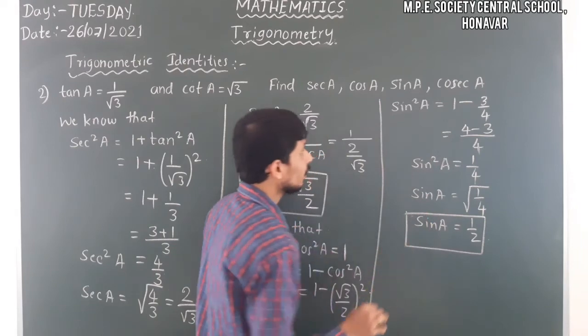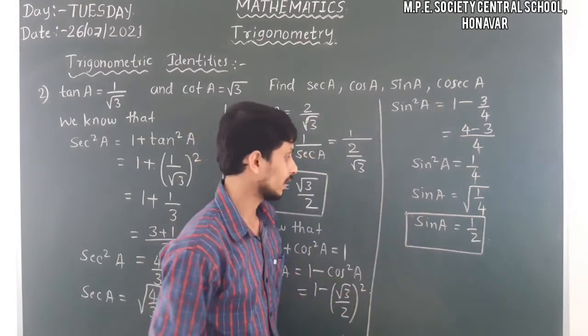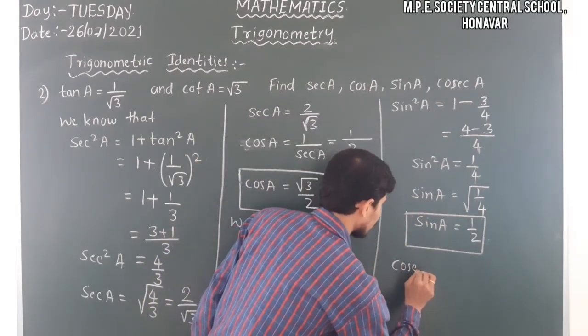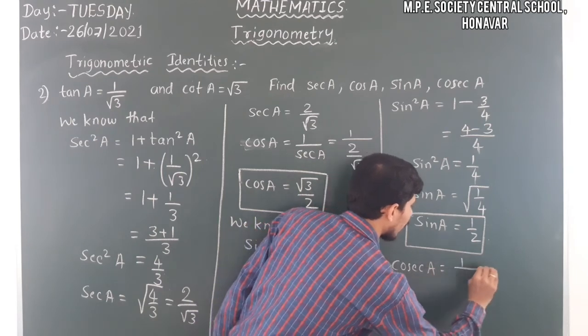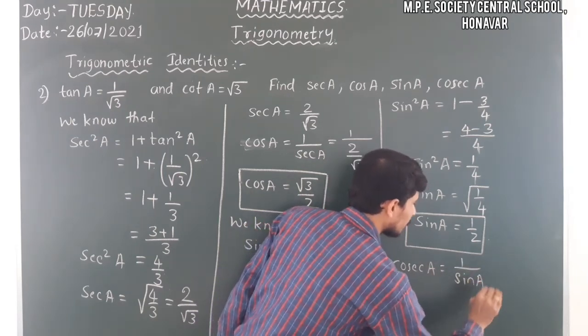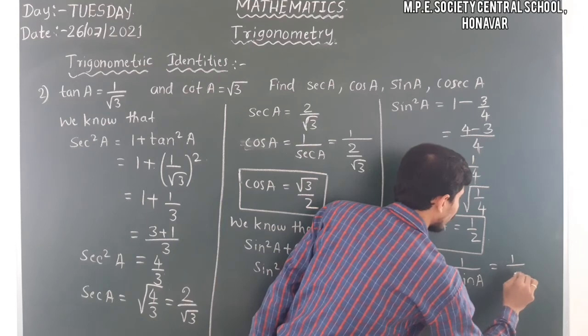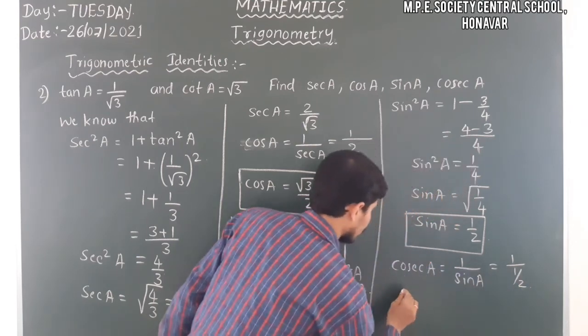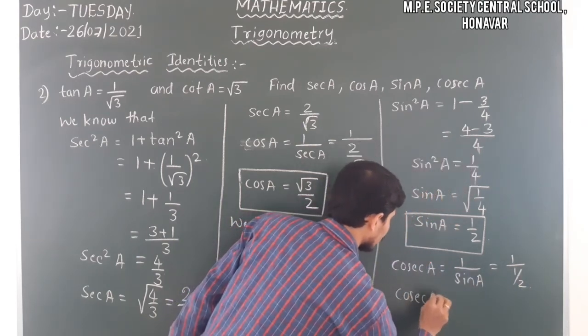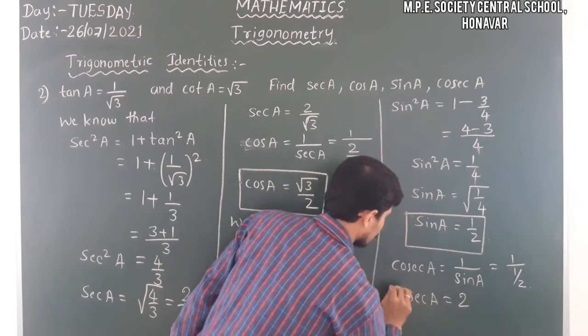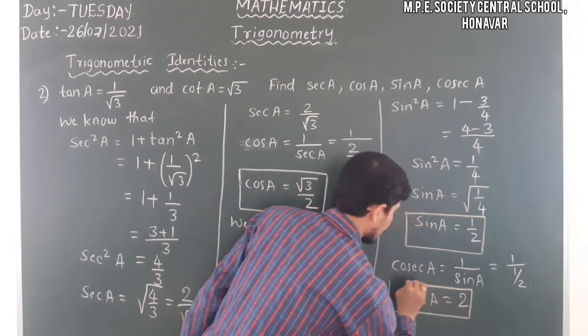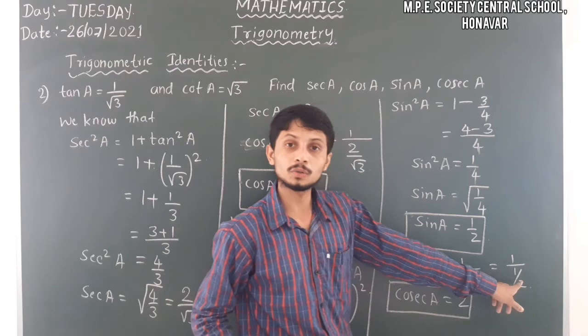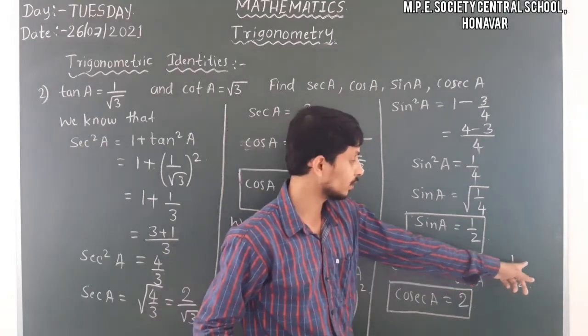And finally we have to find the value of cosecant a. Cosec a is equal to 1 by sin a, that is the reciprocal, so 1 divided by 1 by 2. We change the division into multiplication, that is 1 into 2 by 1.